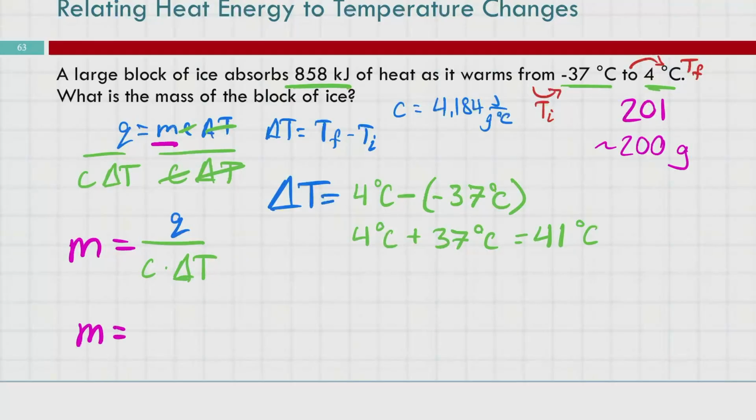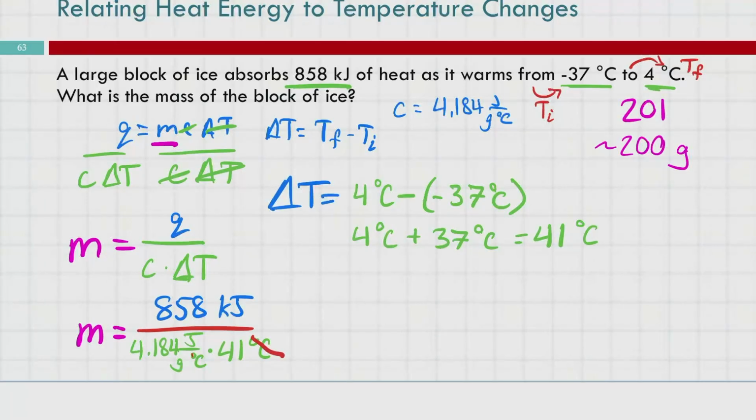So mass equals Q, 858 kilojoules, divided by our C value, 4.184 joules per gram degrees Celsius. We're also dividing by that 41 degrees Celsius. Things get a little hairy here because we've got things getting divided down here. But let's work on canceling out some of our units.